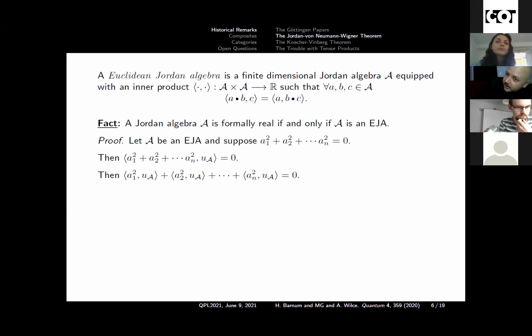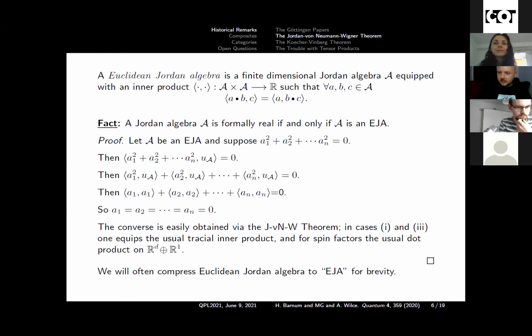Now I apply linearity of the inner product again. Now I apply the Euclidean Jordan algebraic axiom. You notice that A squared is A Jordan-product A, and then you move it over to the other side via the axiom. So now you've got this. Well, of course, then they're all 0. So a Euclidean Jordan algebra is a formally real Jordan algebra.